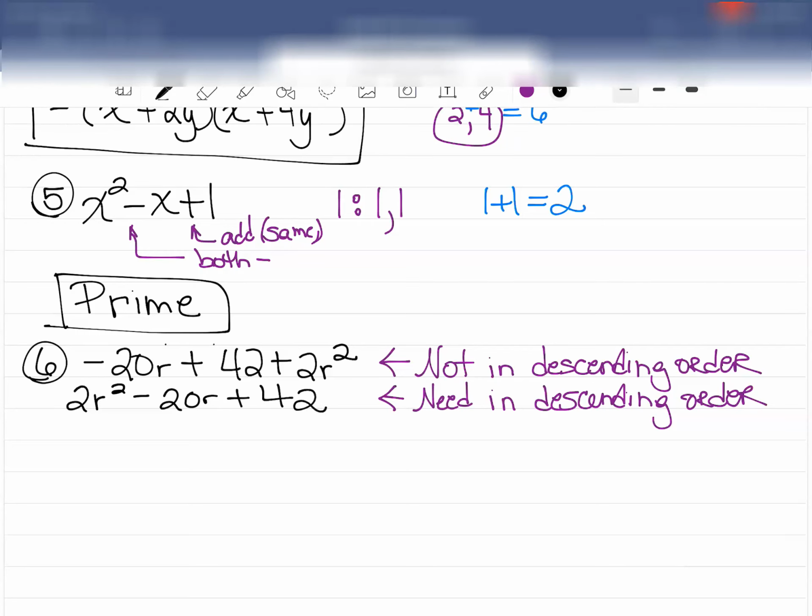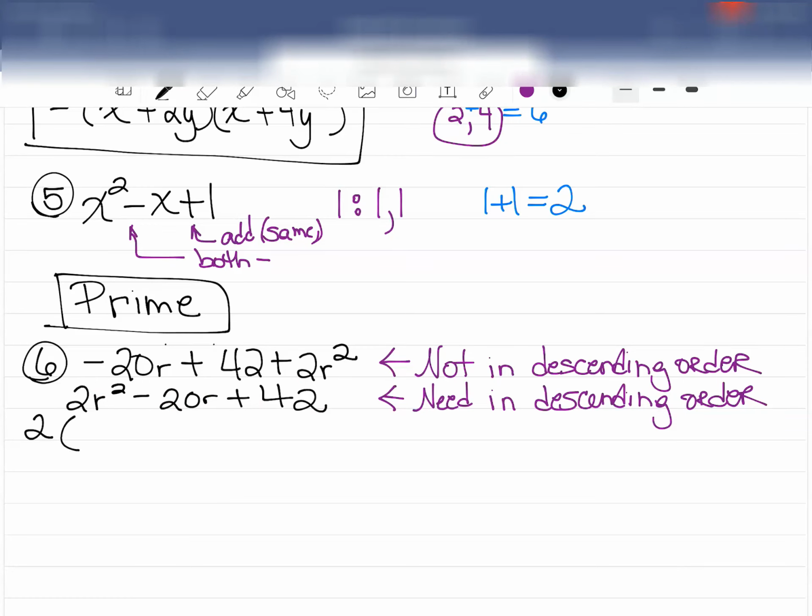Now that I have it in descending order, I can go ahead and work things how we were doing. Remember, we have to keep in mind our first stuff we learned. First thing we learn is factoring out a GCF. I can factor out a GCF. There's a 2 in front of each of these.